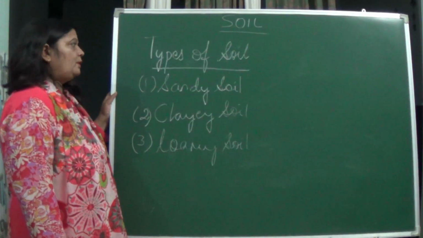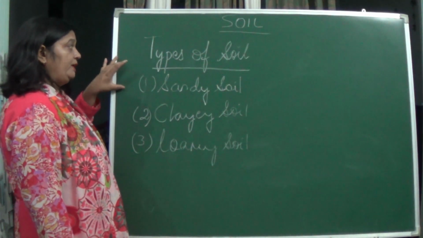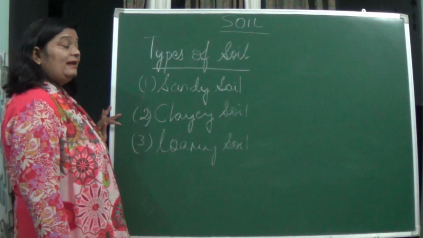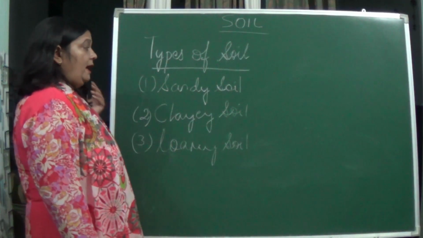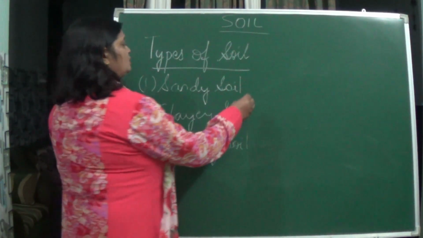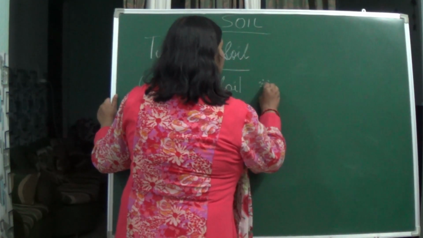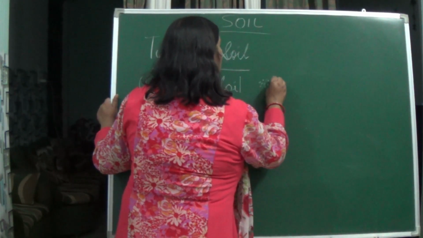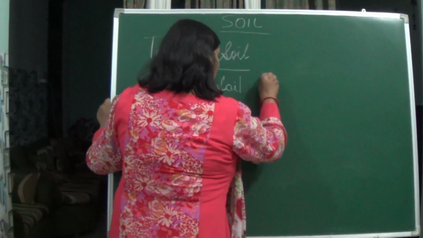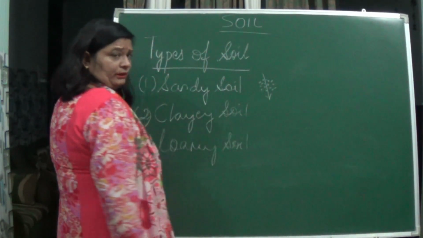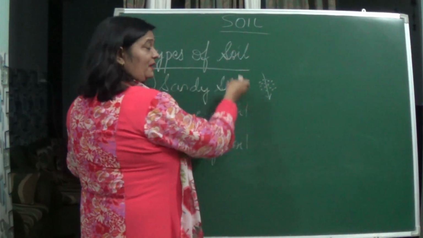So according to the absorption capacity, the types of soil are sandy soil, clayey soil and loamy soil, as I told you earlier. Sandy soil has space between its particles. Here the roots can breathe properly because of the space, and as a result water totally passes through it.